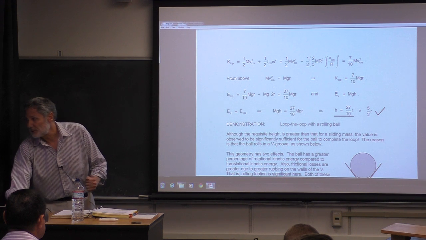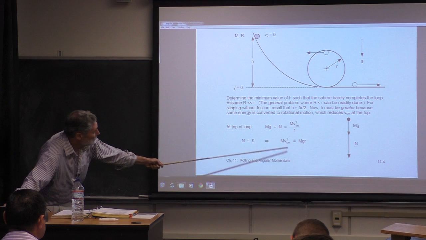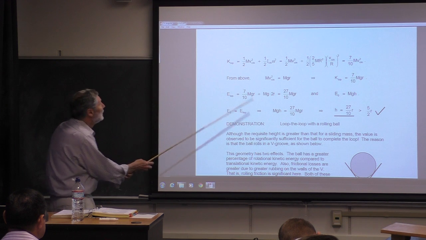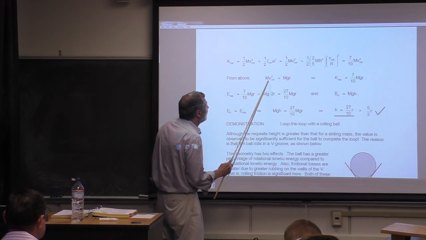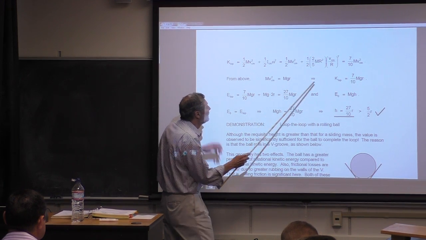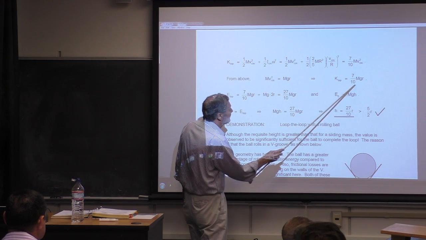Now we can use our previous result here. mv squared is equal to mgr. And we did a similar thing when we assumed no rotational motion. We can use this to express the kinetic energy at the top like this.